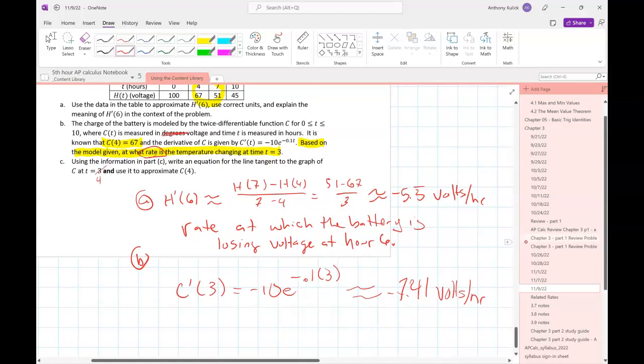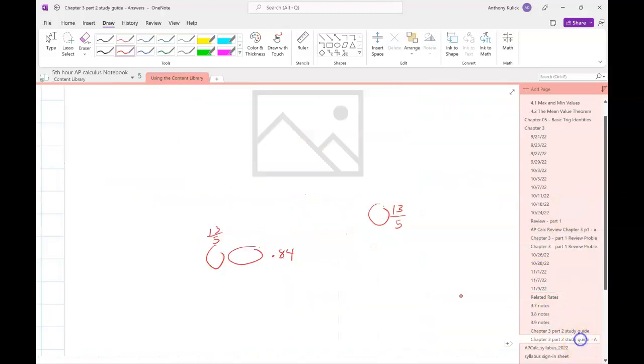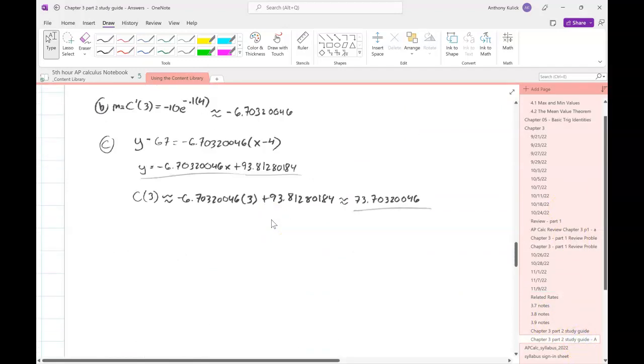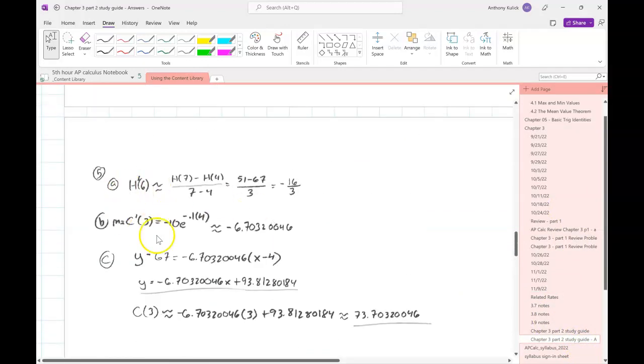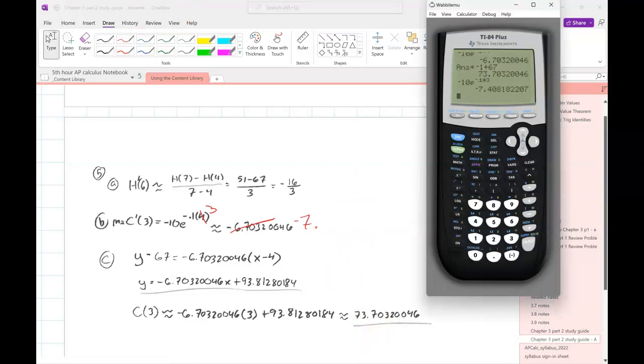I think this was supposed to be 4 and this was supposed to be C of 3. What did I write in my key when I did this? Oh, look at this bonehead thing that I did. I said I'm doing C prime of 3. What did I put in there, though? Mr. Kulik, it's not your best stuff ever. What was that? Negative 7 point whatever, 41?